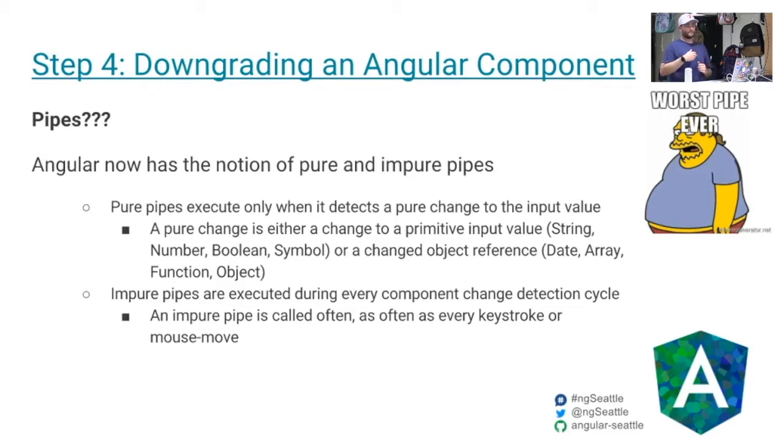With Angular, the default pipe is a pure pipe, and a pure pipe is only executed on a pure change to an input value that the pipe is watching. That's primitive values, so strings, numbers, booleans, or symbols, or an object reference, such as a date, array, function, or object. So pipes are kind of back now. You can actually leverage them in a better way than you could in AngularJS.